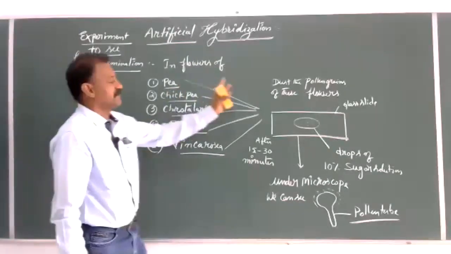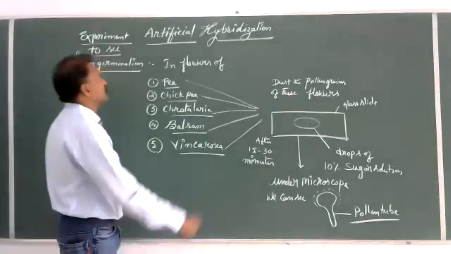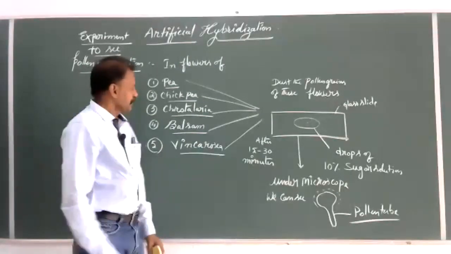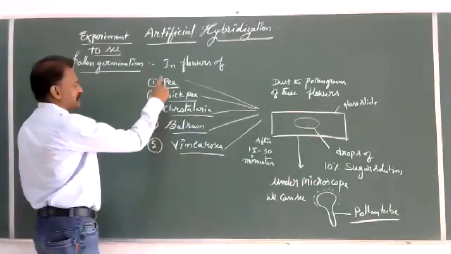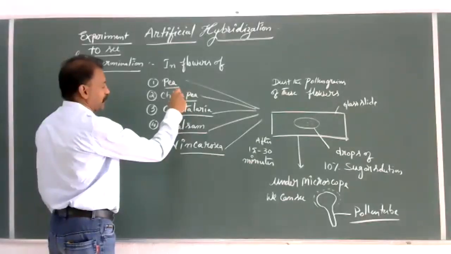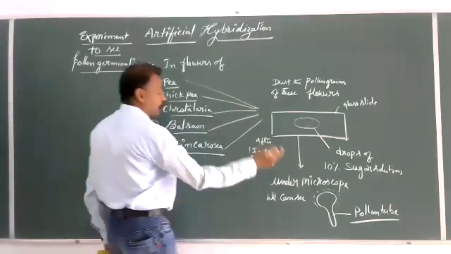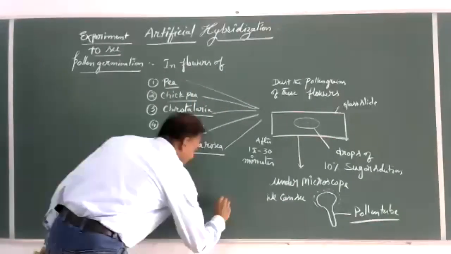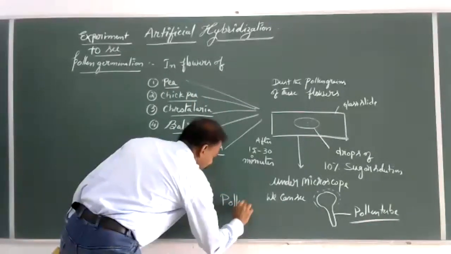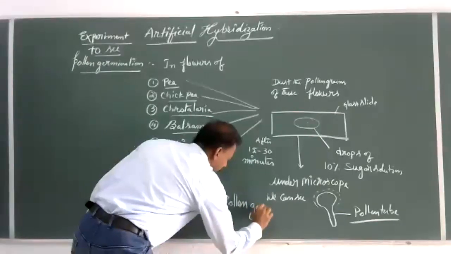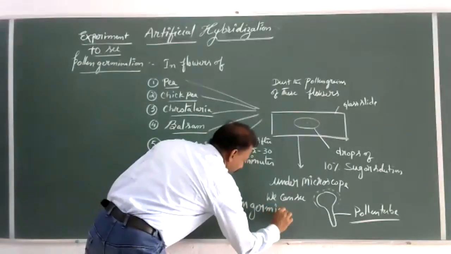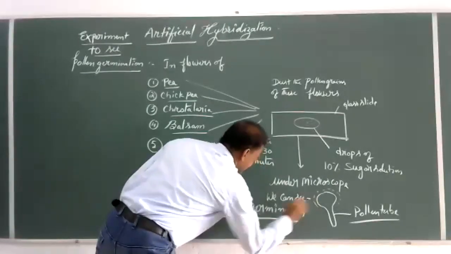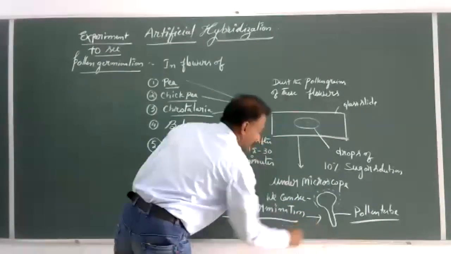After this, in the NCERT textbook, we are going to study the artificial hybridization process. So here, dusting of pollen grains on the glass slide to watch pollen germination. We can see pollen germination.